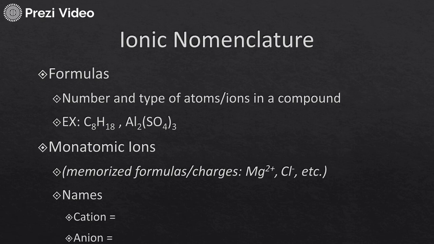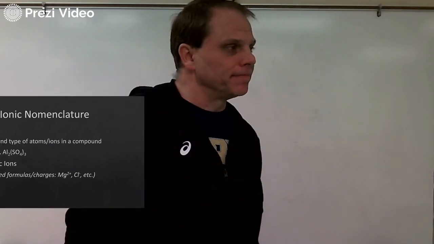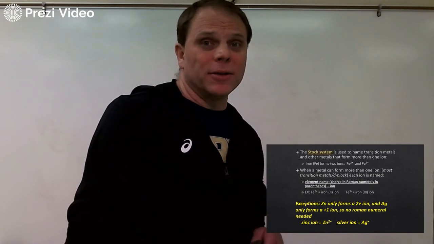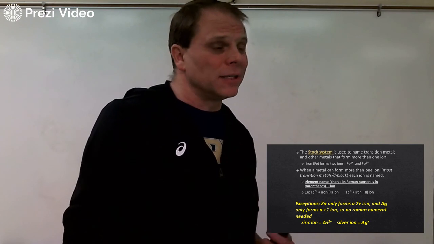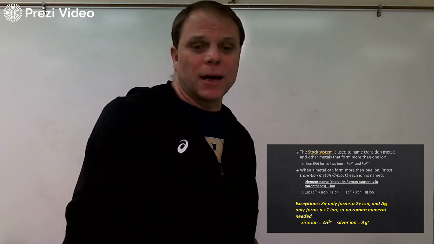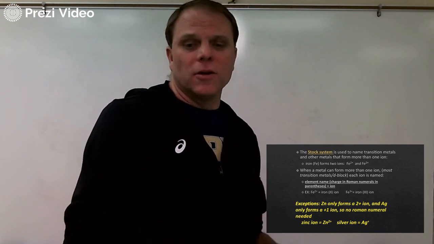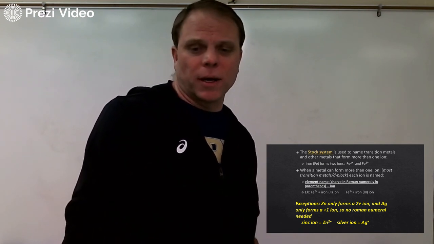Monatomic ions, things like magnesium 2+ and chlorine 1-, you need to be familiar with in terms of looking at the periodic table and being able to identify what their ionic charge is. When I tell you to look at the periodic table and find sodium, you're going to be able to say sodium has a 1+ charge. If I say look at oxygen, you'll identify that oxygen has a 2- charge.